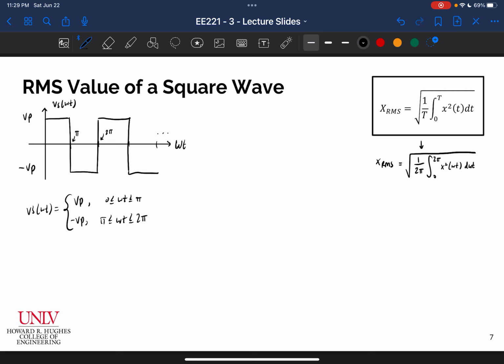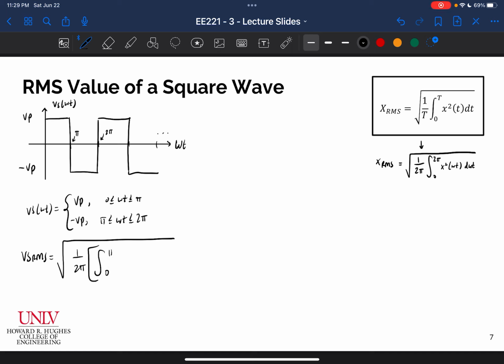Okay, so if I were going to go ahead and try and take the RMS value of this signal, I would write that Vs RMS is going to be equal to the square root of 1 over 2 pi times the integral from 0 to 2 pi, except I need to split this integral because it's got two different parts.